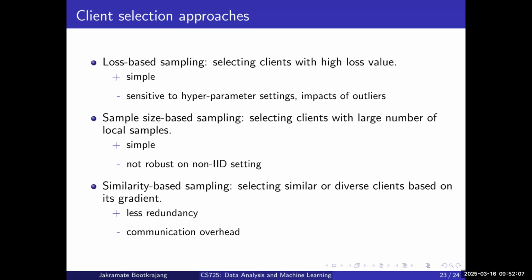So what are the approaches for selecting the client? The first one is called loss-based sampling, right? We pick the client with a high loss value, right?